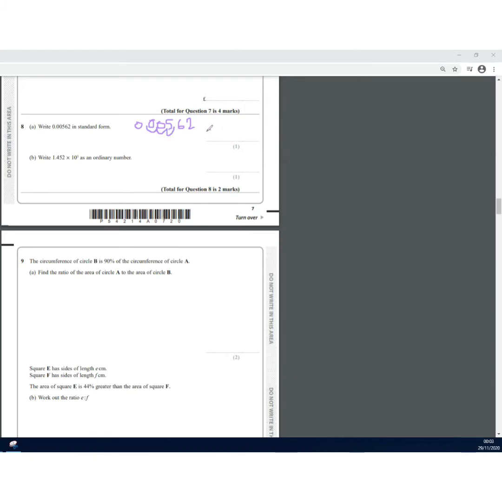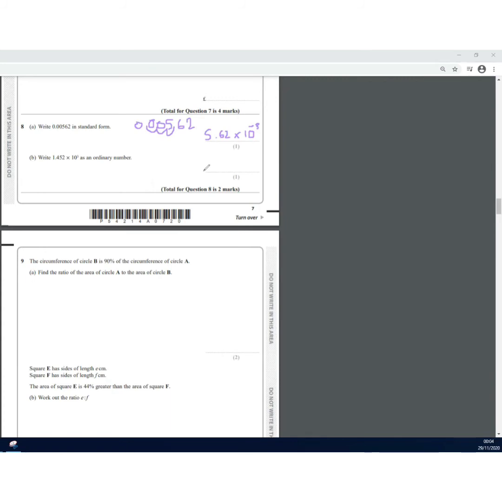That would make 5.62 times 10 to the power of -3.